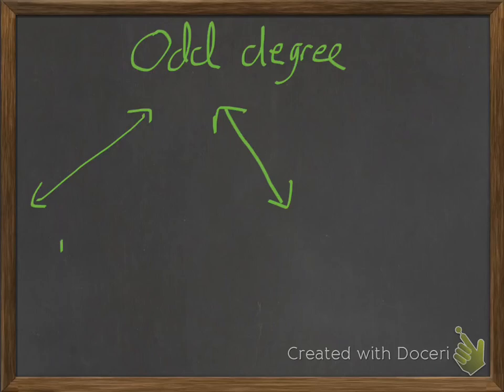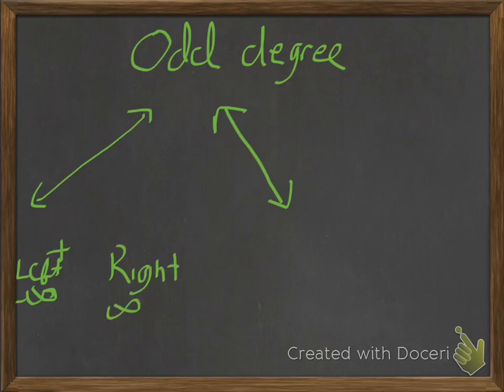So if it's positive, then we're going to go to negative infinity on the left, and on the right, we are going to positive infinity. So this is if it's positive.